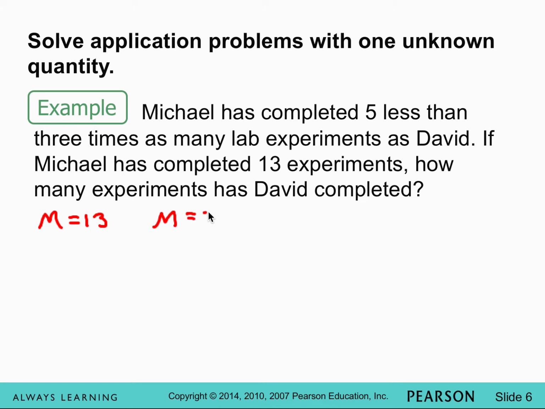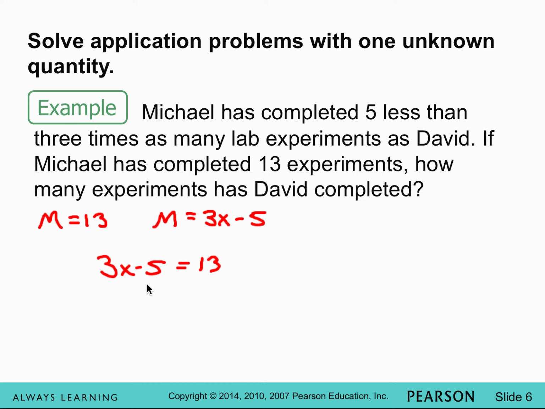So 5 less than 3 times as many as David. Okay, does that make sense? So since these are both equal to M, then I know that 3x minus 5 equals 13, because they're the same thing.